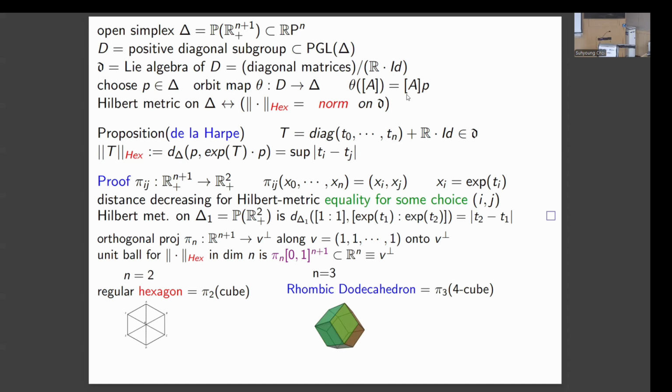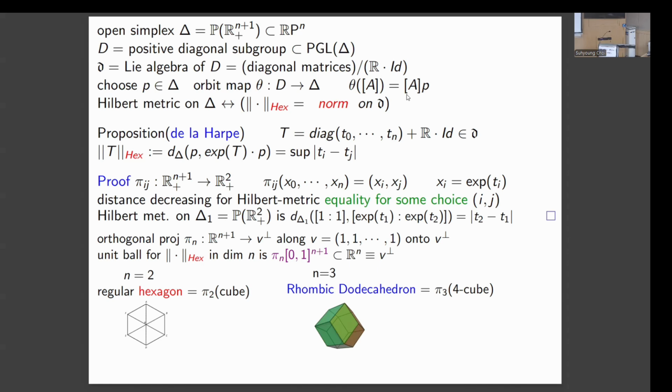If I take a point P in the interior of the simplex, then the orbit map sends an element in this group D to a point in the simplex by taking the image of the point P under the projective transformation. And using the exponential map, that gives a map from the Lie algebra into the interior of the simplex.